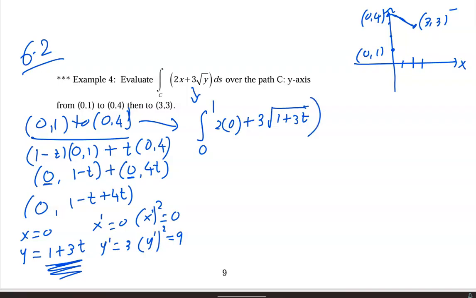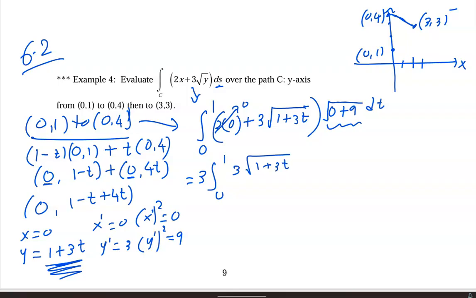And then ds is going to be the square root of the derivative squared, so it's going to be the square root of 0 plus 9, and dt. Okay, so let's clean up a little bit. 0 to 1. And that last part is just going to be 3. So I'm going to pull out that 3 outside. And that's just the 0 that's gone. So you have 3 square root of 1 plus 3t dt.